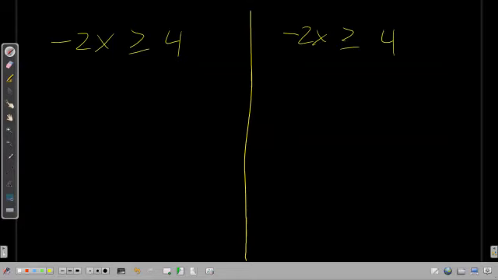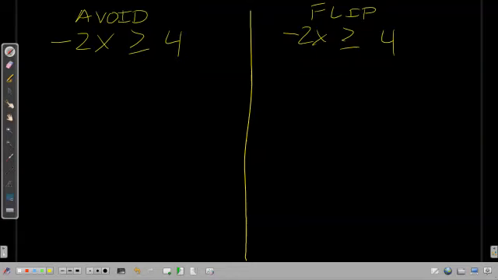On the one on the left, I'm going to avoid multiplying or dividing by a negative. But on the one over here, I will flip the inequality if I multiply or divide by a negative.